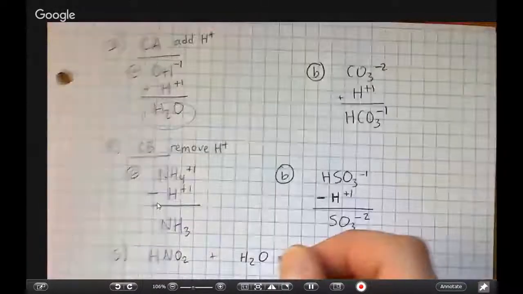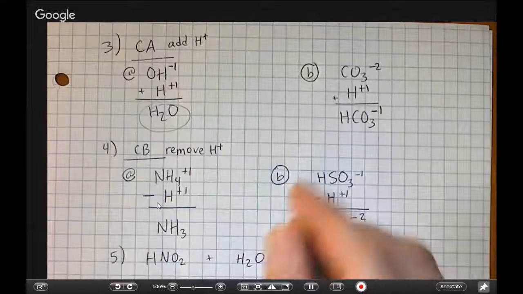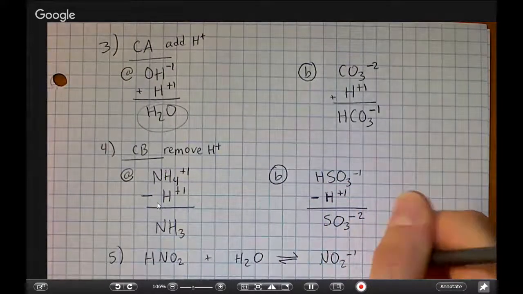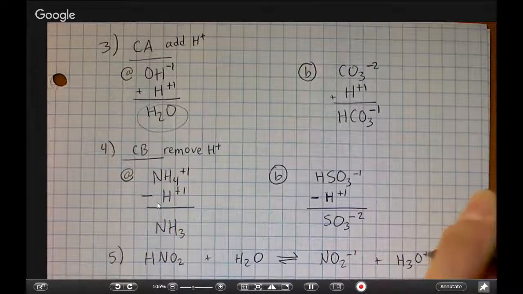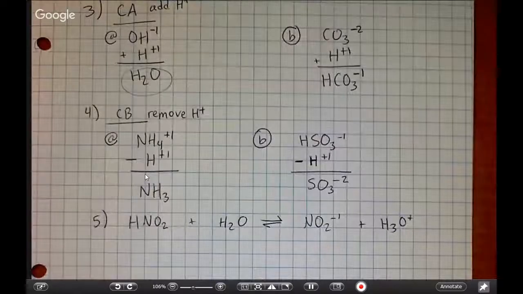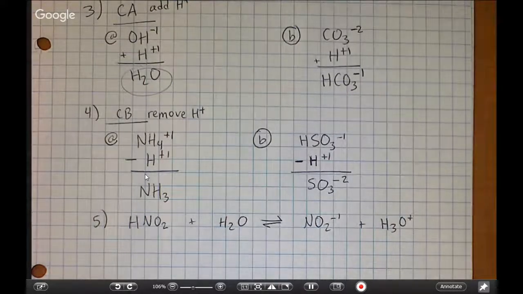We're not going to do anything in terms of calculations with the equilibrium, but just identify what it means. And then we make NO2 minus and hydronium. So based on this equation here, can we label the acid and the base as well as the conjugate acid and conjugate base? And by can we, I mean do it.